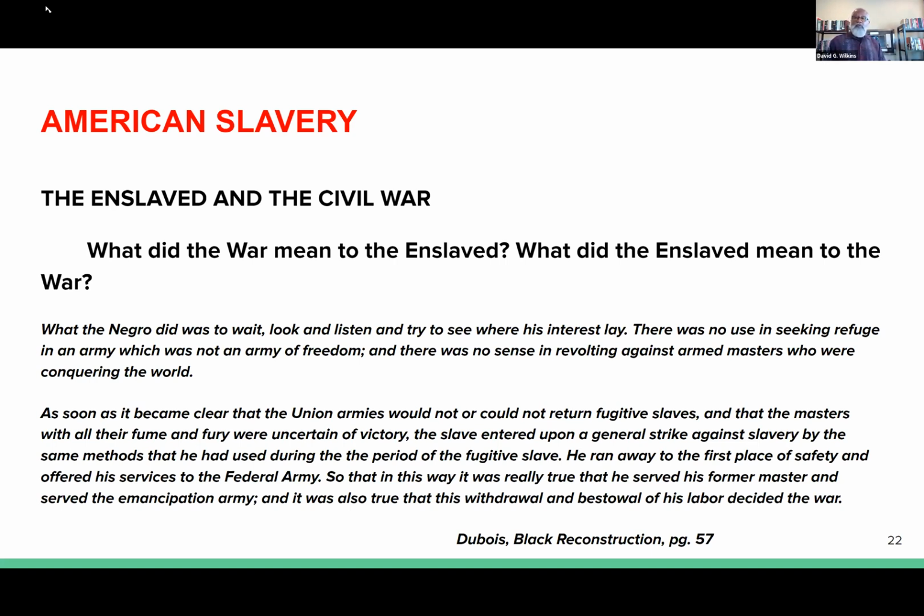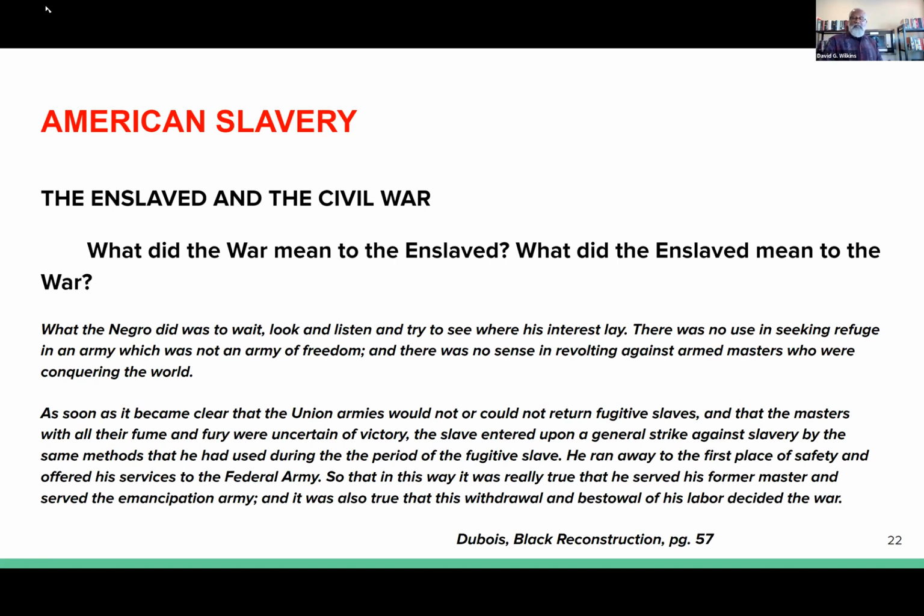"He ran away to the first place of safety and offered his services to the Federal Army, so that in this way it was really true that he served his former masters and served the Emancipation Army. And it was also true that this withdrawal and bestowal of labor decided the war."